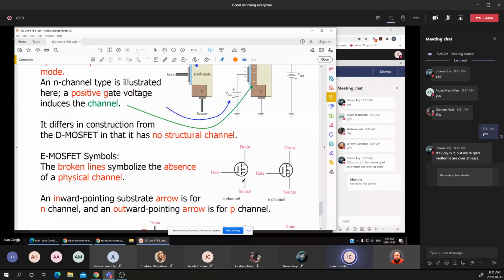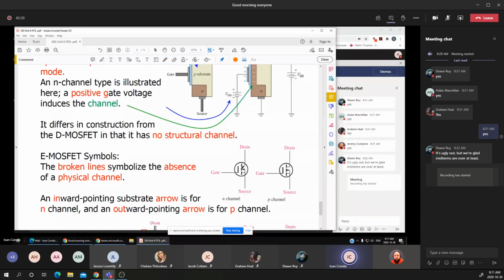In the symbol for the N channel, you notice that there is not a structural channel or a physical channel between the drain and the source. That's why I have a dashed line between the drain and the source.